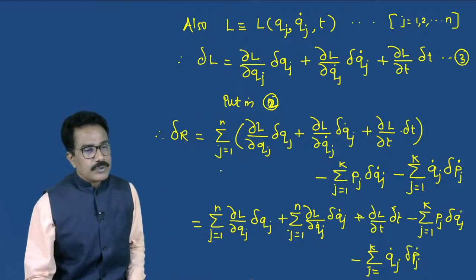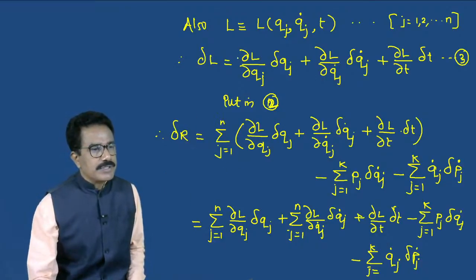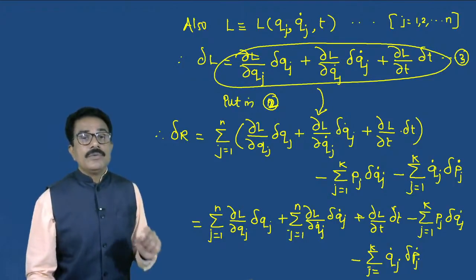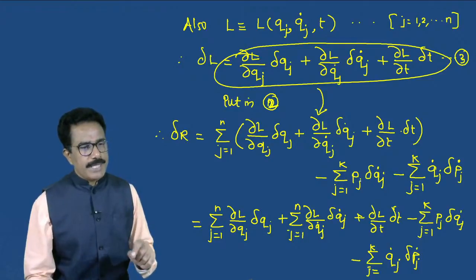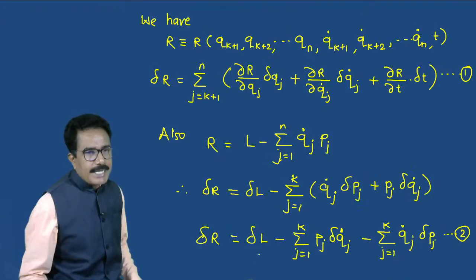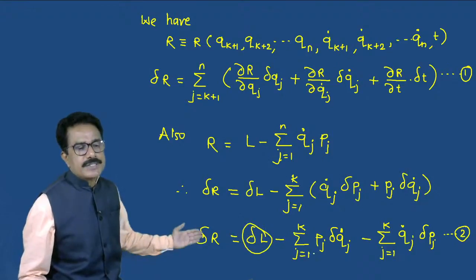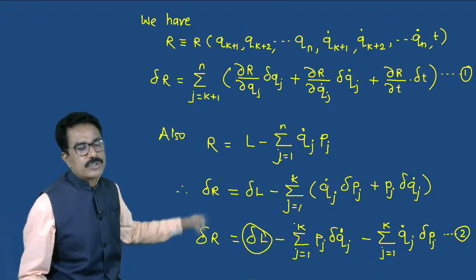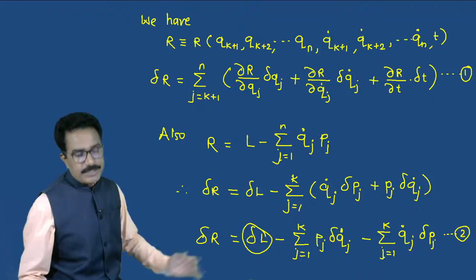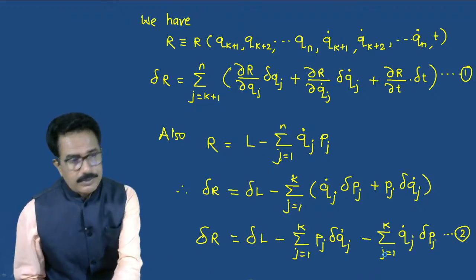So this is the Lagrange's function delta L, we have replaced here. Minus summation over j equals 1 to k pj into delta qj, minus summation j equals 1 to n delta j.